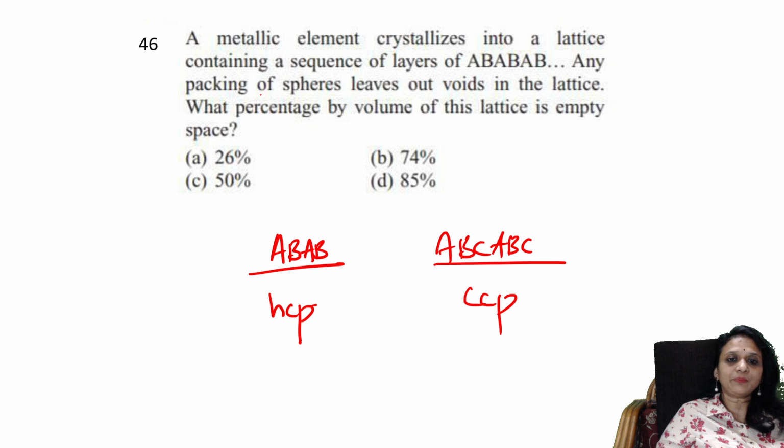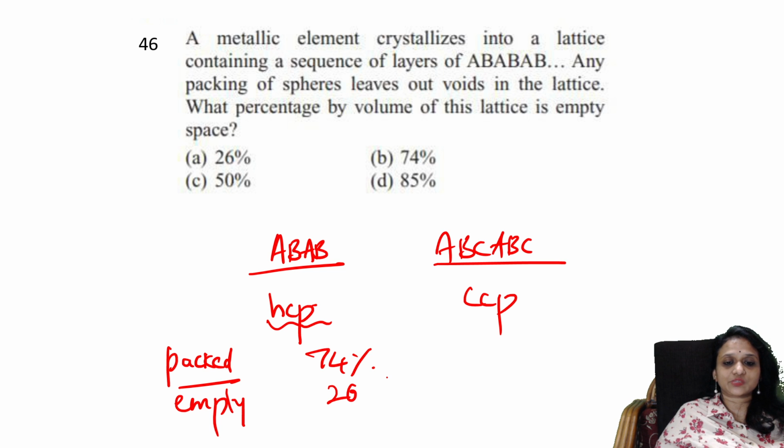Any packing of spheres leaves out voids in the lattice. What percentage by volume of this lattice is empty? HCP, what is the percentage, students? You only tell me. Packed is 74. Empty is 26%. Okay.